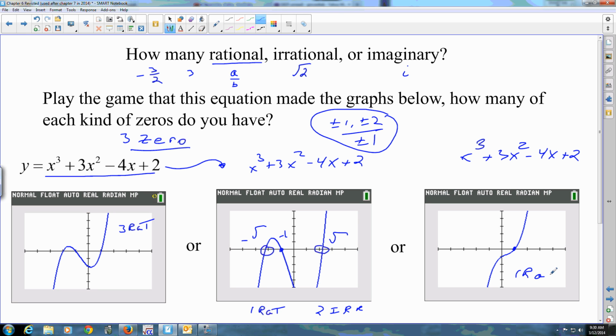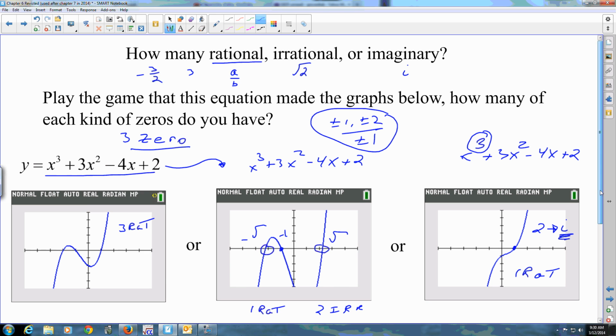One rational. No others. Now I'm looking for three of them because the degree is 3. That automatically means you're going to get 2 imaginary zeros. The quantity of imaginary zeros you're going to have is 2 because they aren't showing up as x-intercepts at all.